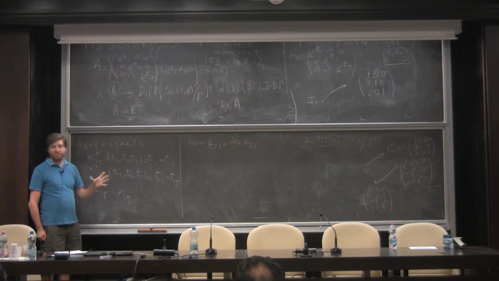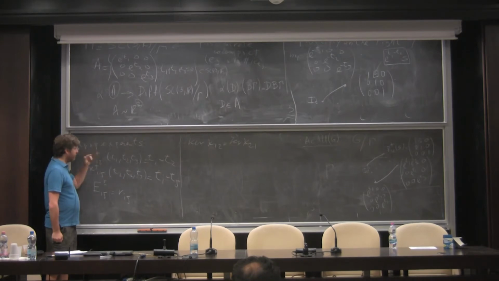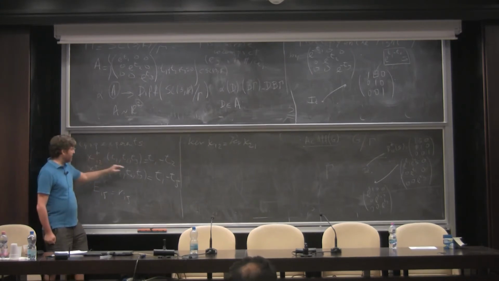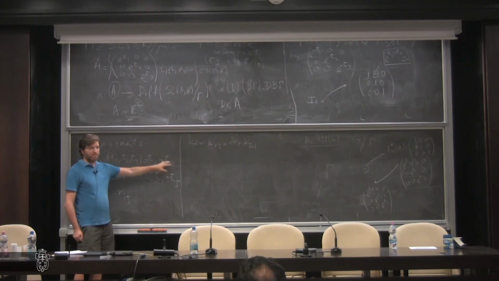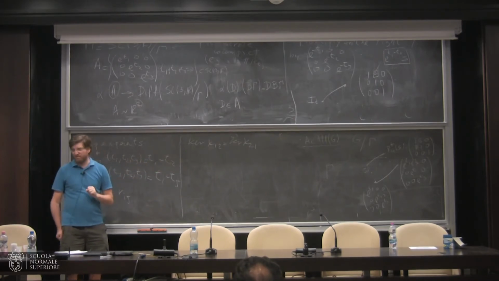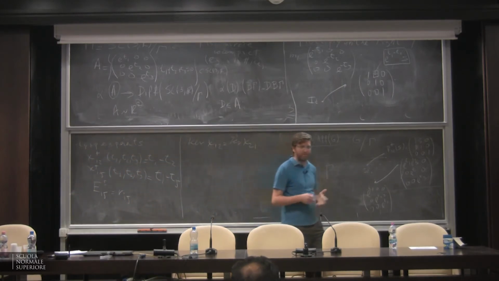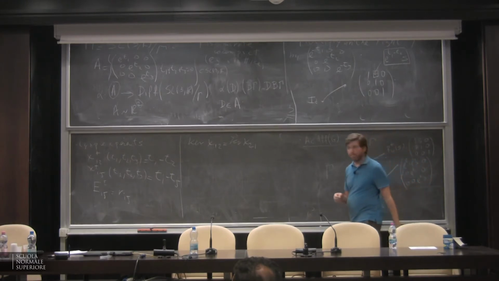This is why I'm using the plus minus. I'm making some choice, and I will be even more explicit in a second, of when I like this to be positive and when I like this to be negative. The plus means that I like this one better when t1 is larger than t2 than when t2 is larger than t1. This is a completely capricious choice, so you can choose the other way and you have the very same theory, so it doesn't matter. But that's where the plus and the minus come from.